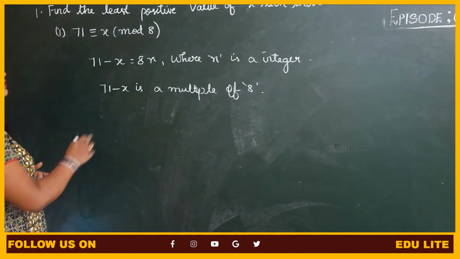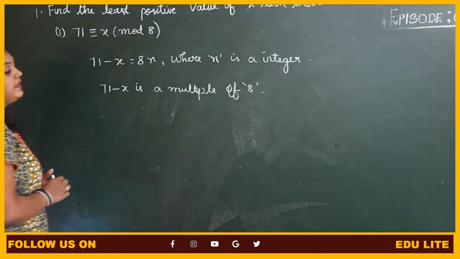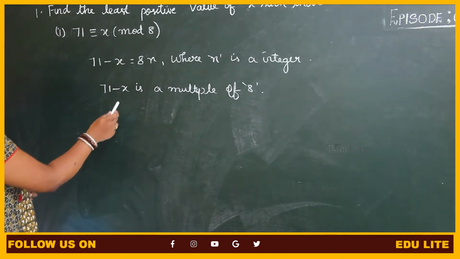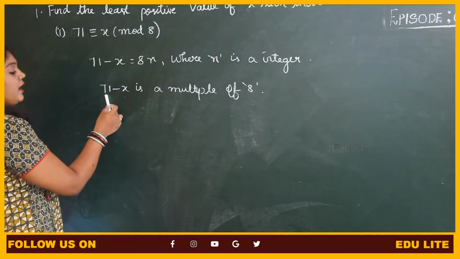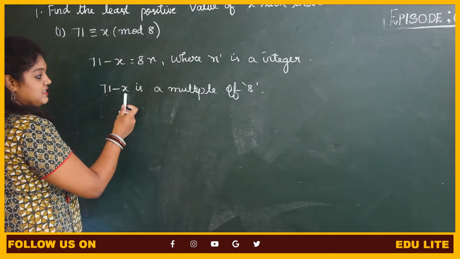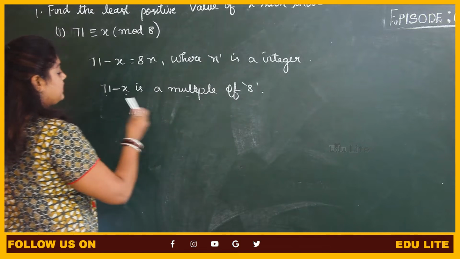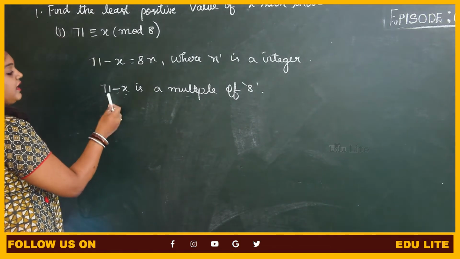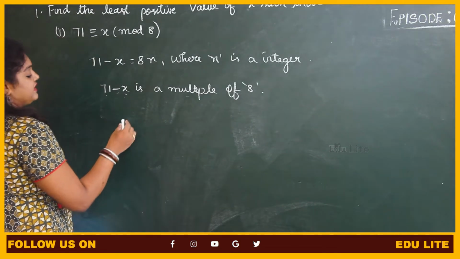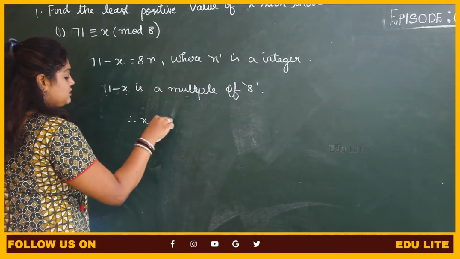So let us choose 7. Why am I saying the x value as 7? If I choose 7, 71 minus 7 will give us 64, which is a multiple of 8. Therefore, x is equal to 7.